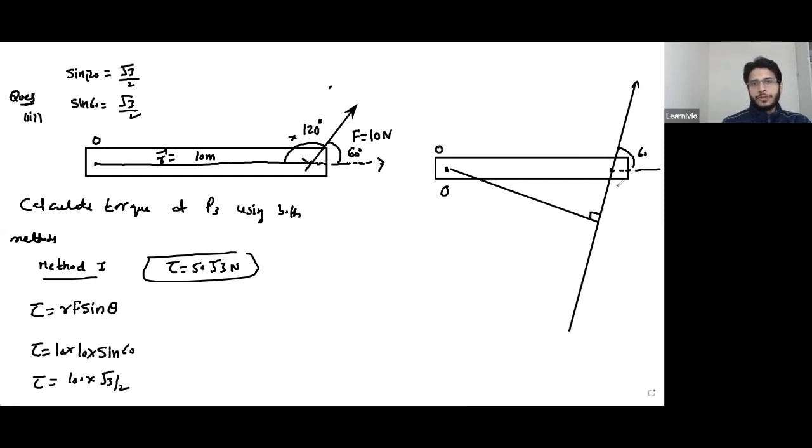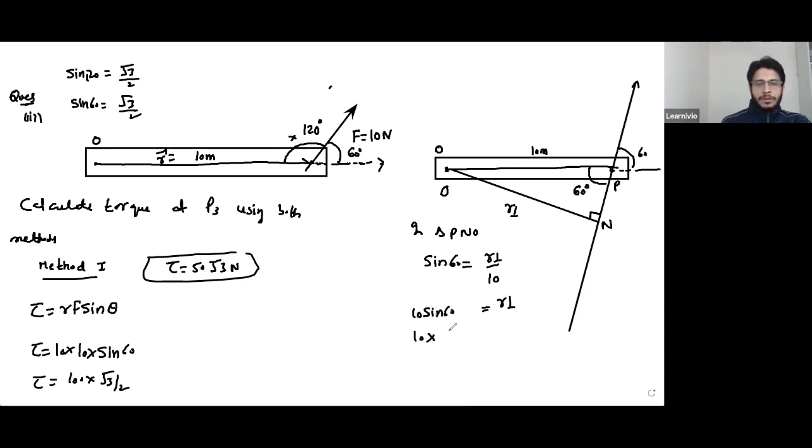This is O, this is P, and this is 10 meter. This is our perpendicular. If this is 60, then this is the vertically opposite angle, so this should be 60 degree. In triangle PNO, sine 60 is perpendicular, which is R perpendicular, divided by base, which is 10. So your R perpendicular would be 10 sine 60, which is 10 into root 3 by 2. So your R perpendicular is 5 root 3 meter.